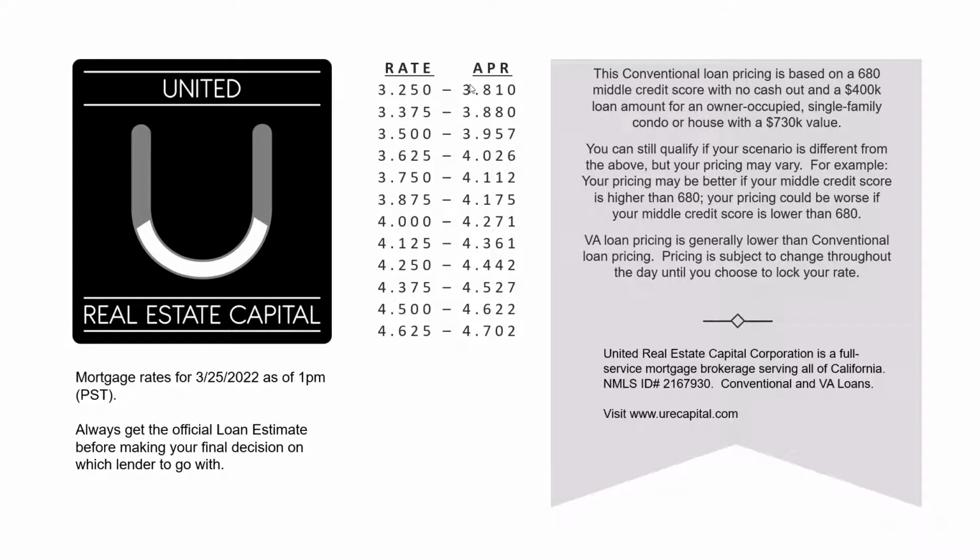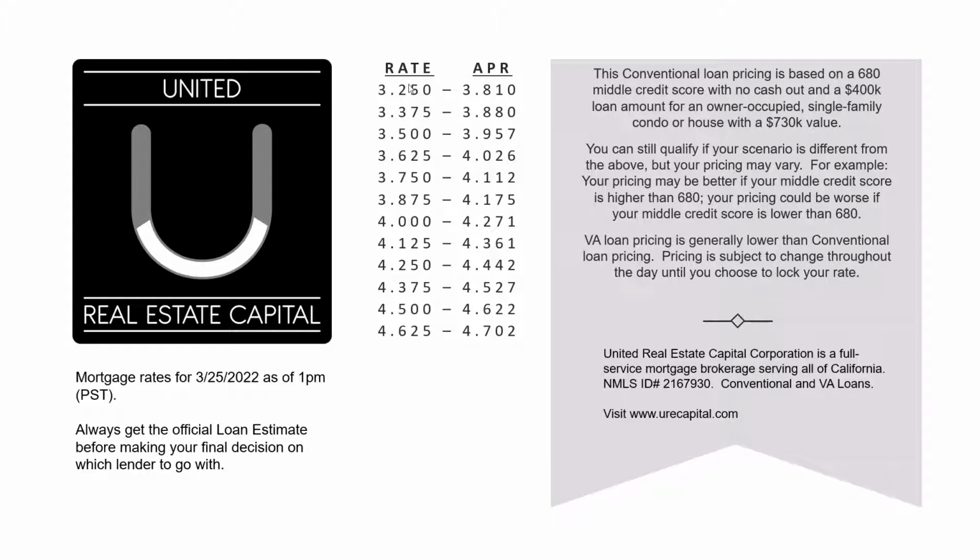So what this indicates to you is that there are a lot more fees associated with this 3.25 rate compared to the 4.625 rate. The second thing the APR can do is let you know which loan is going to save you more money over the term of the loan. In this case, this is a 30-year loan.